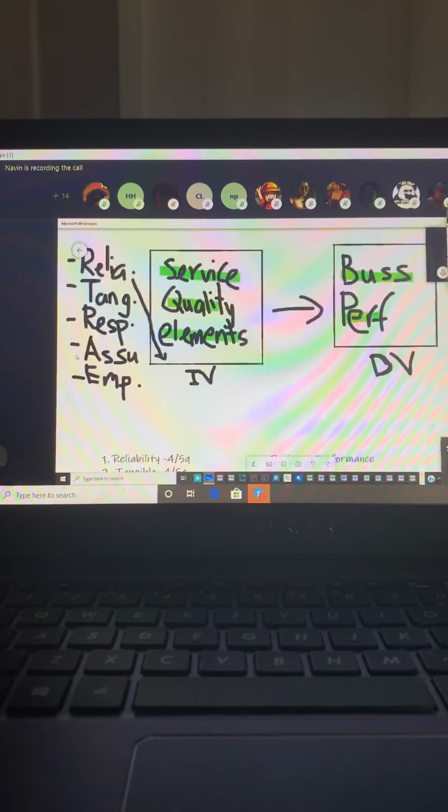The next is to study the relationship between assurance and business performance. The next is to study the relationship between empathy and business performance. So basically what you're doing is studying the relationship between, okay, I give you one example.